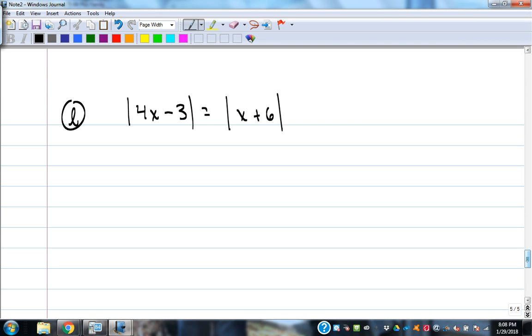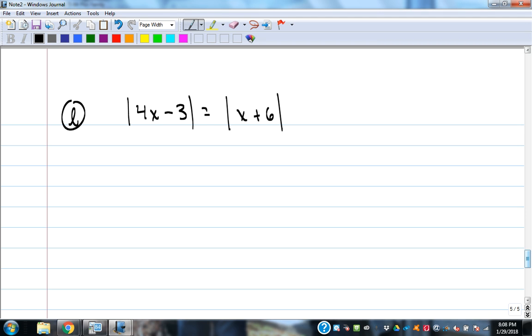I'm doing an equation here. Now, they won't do an inequality with an absolute value on both sides. That is very sketchy. So inequalities, you won't see that. But with an equation, you might see 1, maybe 2.